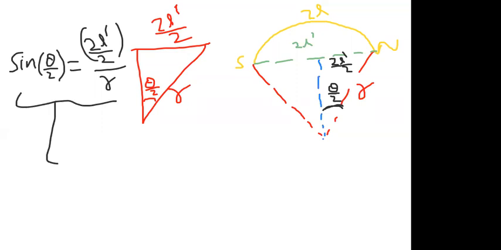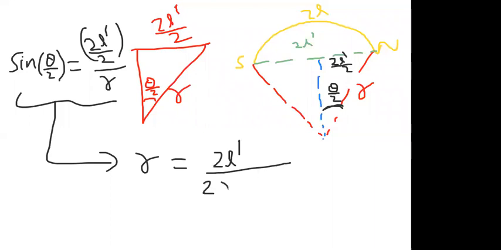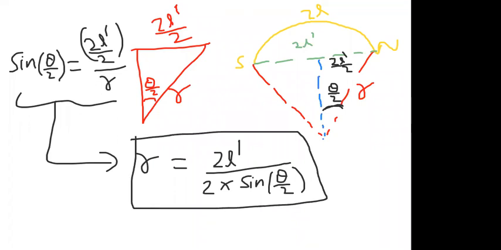Now R I can write as 2L dash by 2 into sine of theta by 2. This is the value of R.